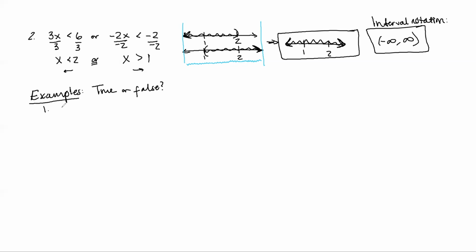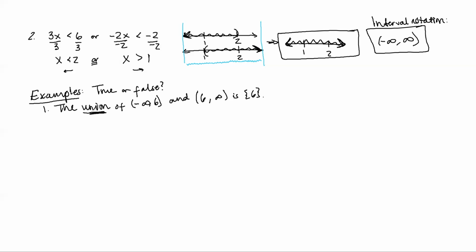Number one here, we're given the union of negative infinity to 6 with a parenthesis and 6 with a parenthesis to infinity is 6. Now, for these ones, you can kind of think about them or you can draw them out. Let's just kind of talk about this one.